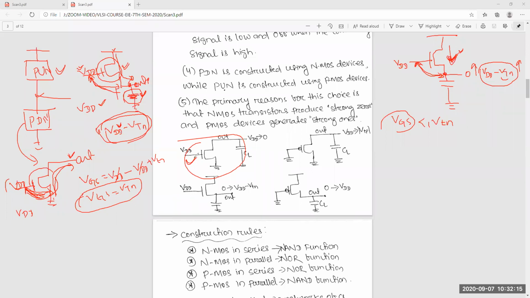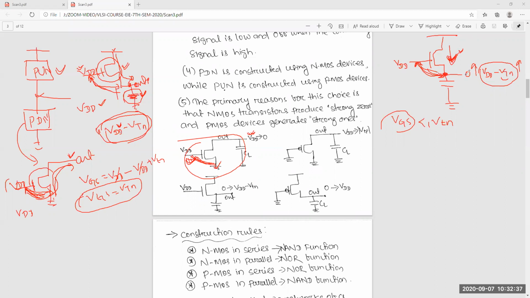For the other case, it will always give a strong 0, for all voltages, because it's always on. But in this case, only up to a certain point will it give the output.